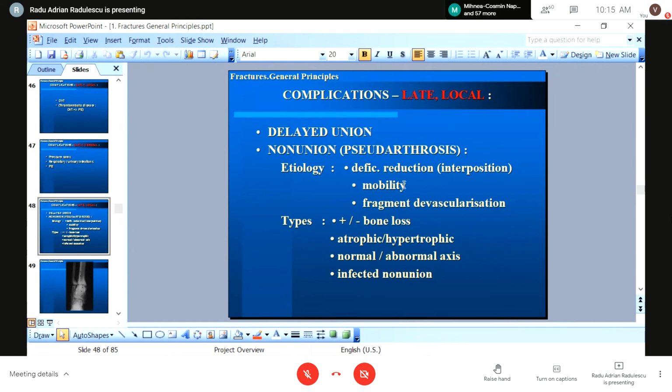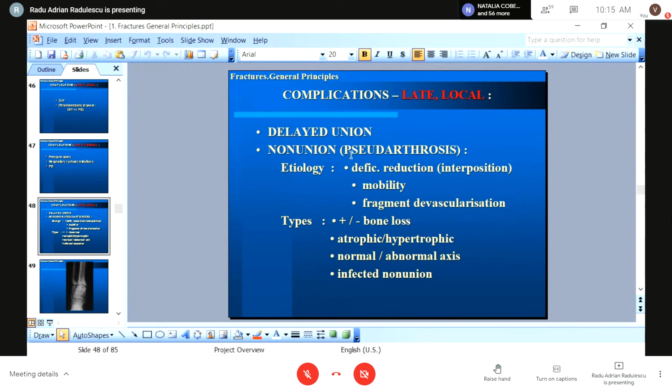Mobility of the fragments because we did not apply a proper immobilization system, so the cast was not properly applied. Or the fragments were devascularized at the time of the fracture because of lesions at the level of the periosteum.